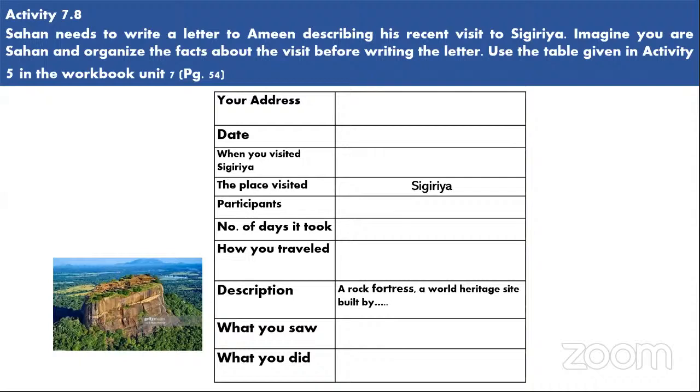Next one, description: a rock fortress, a World Heritage Site built by, is given in the book. What you saw. Last one, what you did. Quickly write down. Now you know how to write the address, the date, when you visited Sigiriya.